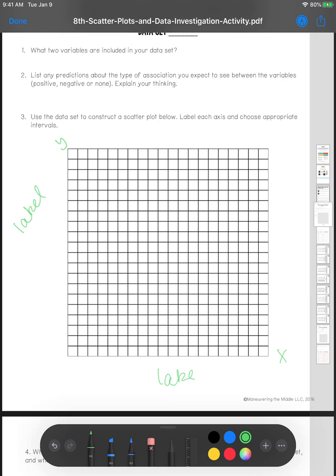And you're going to list any predictions about the type of association you expected. After you plot it on your graph, you're going to come up to number 2 and say, is it positive, negative, or no association? And just explain why. Number 3 says, use the data set to construct a scatter plot below. Label each axis, and then you're going to plot all the data.